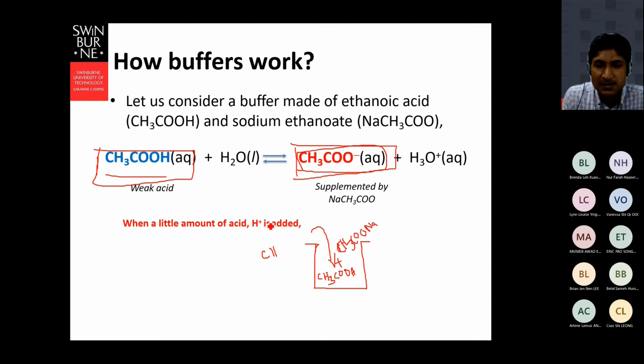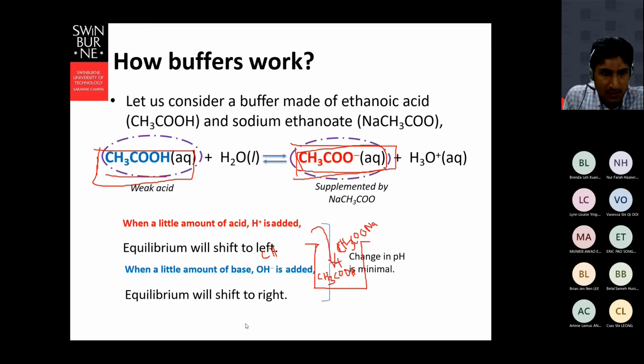It will produce a buffer, but to produce a buffer with a desired pH, like I want a buffer that will have a pH of 5 or 6 or 4 or 11 or 12, I should be using the exact amount, exact concentration of this acid and salt of the conjugate base of that acid, and accurate volume as well. So that's what I'm saying, if we just throw them in any way, it will produce a buffer, but we do not know what the pH of that is. But the thing is, they will produce a buffer solution.